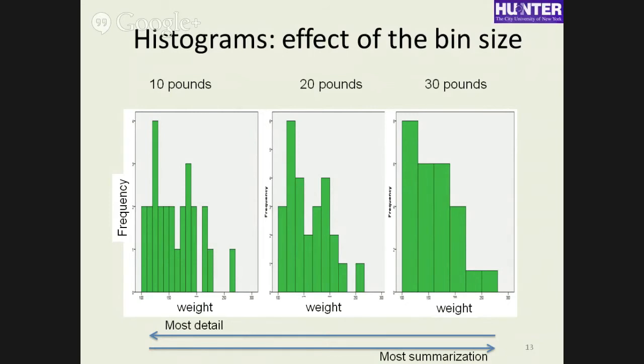How you do that depends on how much detail you want to show. Your software, your SPSS or whatever, will have some kind of algorithm that it uses to make an automatic decision. But it is something that you can change if you don't like the decision it made. If you see there are only 3 bars and you have 100 data points, you might want to separate them more.